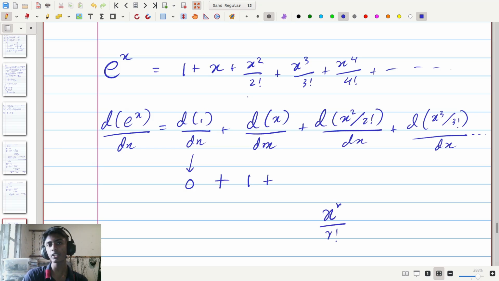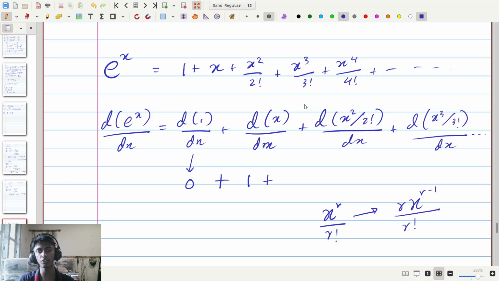We are going to be differentiating all of these at the same time by differentiating their common form. Here r is some integer, which means to this top part we can apply our integer differentiation and say that this is going to be differentiated into r times x to the power of r minus 1 divided by r factorial.